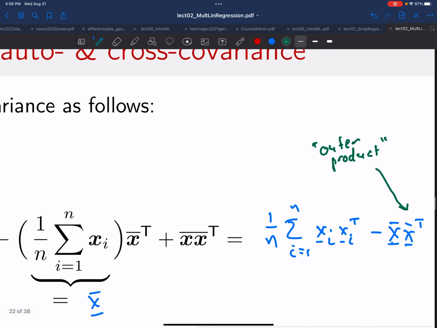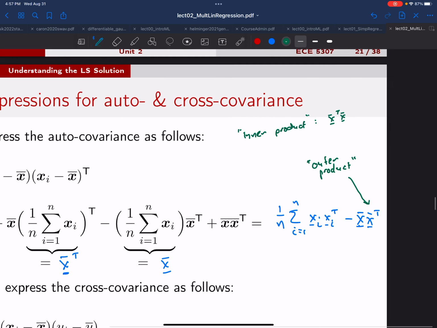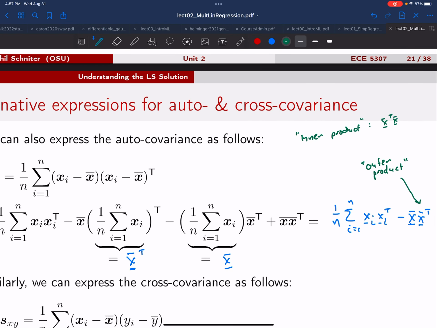So that's the outer product, and then the inner product would have the form x, just notationally. Inner product gives you a scalar, outer product gives you a matrix. Very different in that sense.